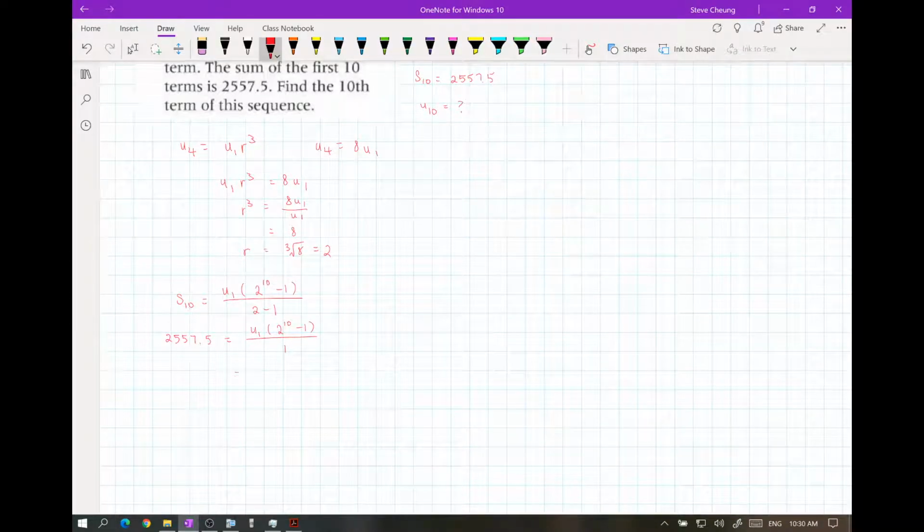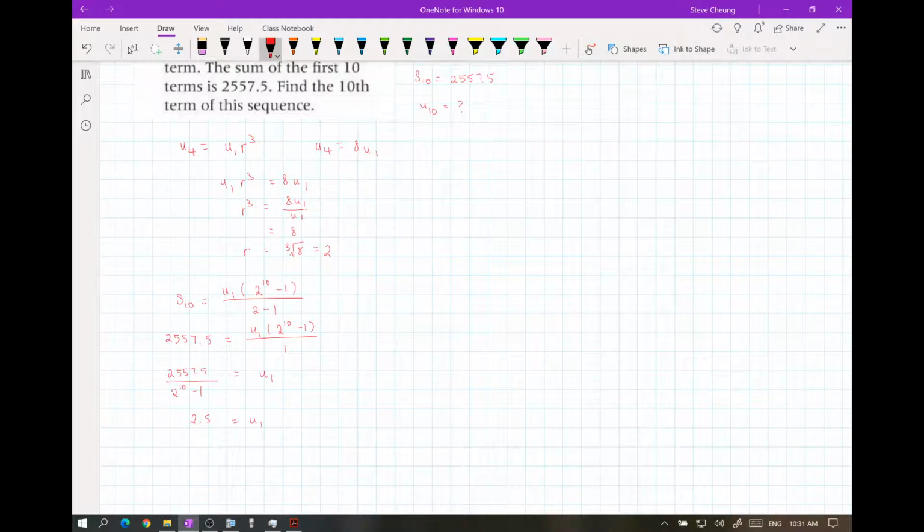So can I just do u1 equals 2557.5 divided by this quantity here? And please give me a nice number. Yes, exactly 2.5.